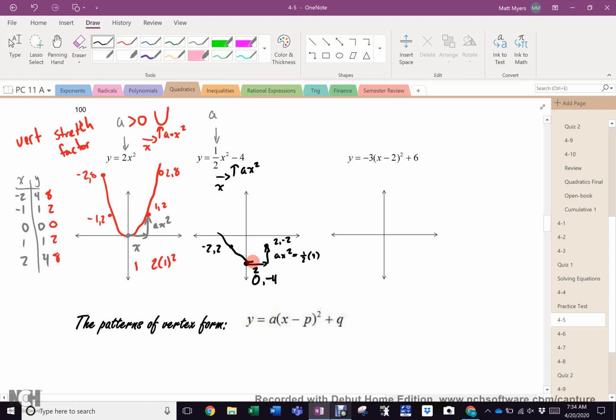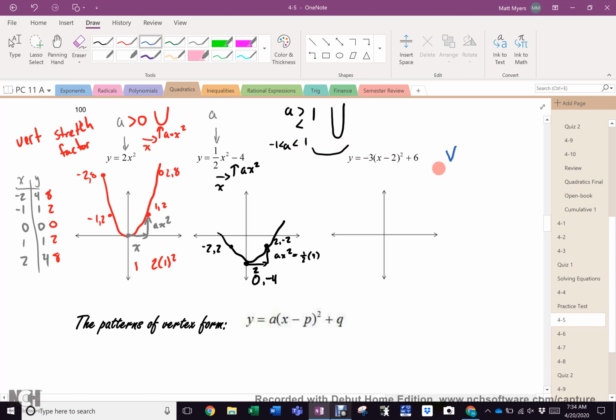And it's going to flatten out. Okay? So that tells us something. If A is greater than 1 or less than negative 1, it's going to stretch upwards. If A is between negative 1 and positive 1, so it's a fraction, it's going to stretch this way.